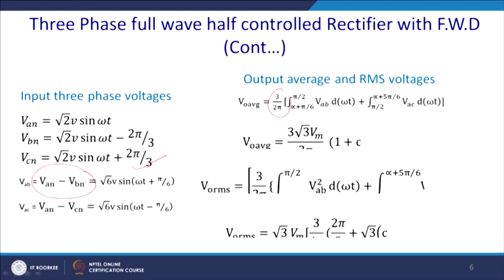You have 3 such pulses, from pi by 6 to pi by 2, where you will have the voltage VAB, thereafter you will have the voltage VAC, and you subtract it, and ultimately you will have the average voltage and the RMS voltage.